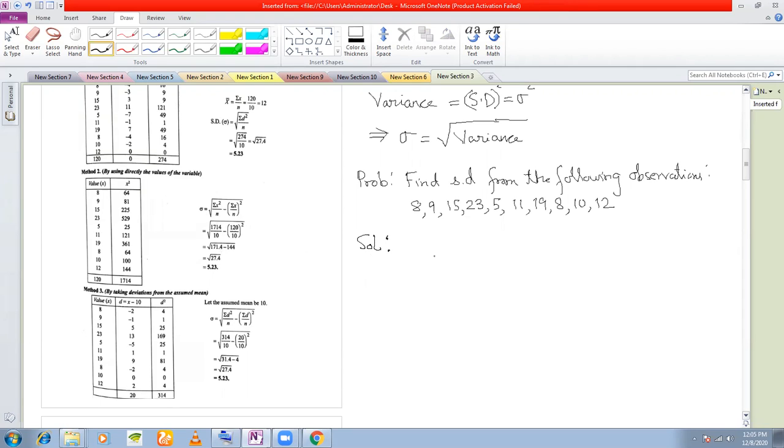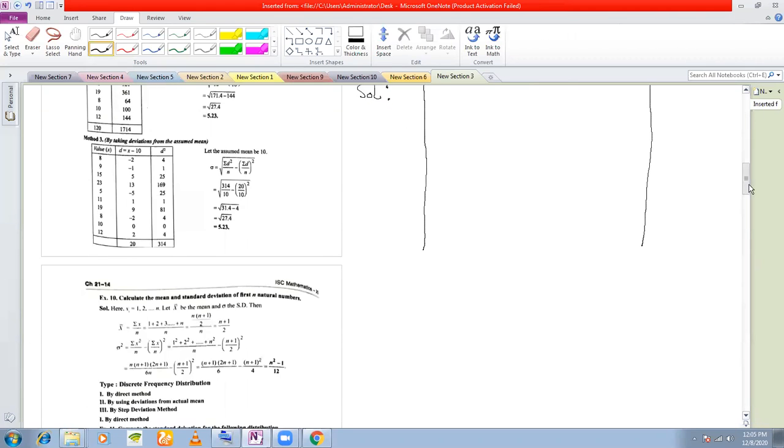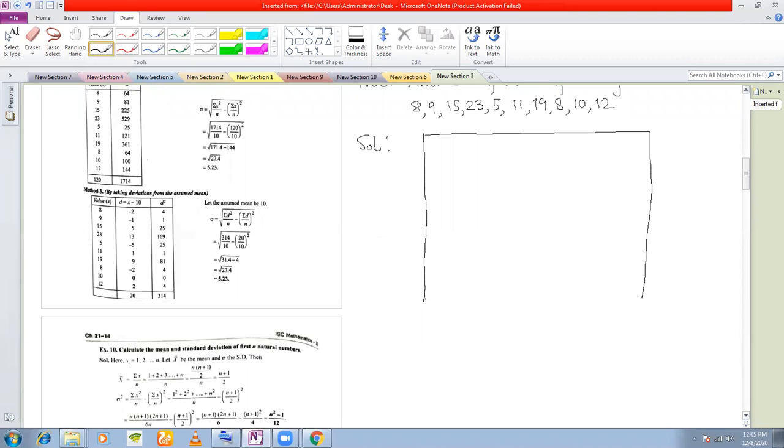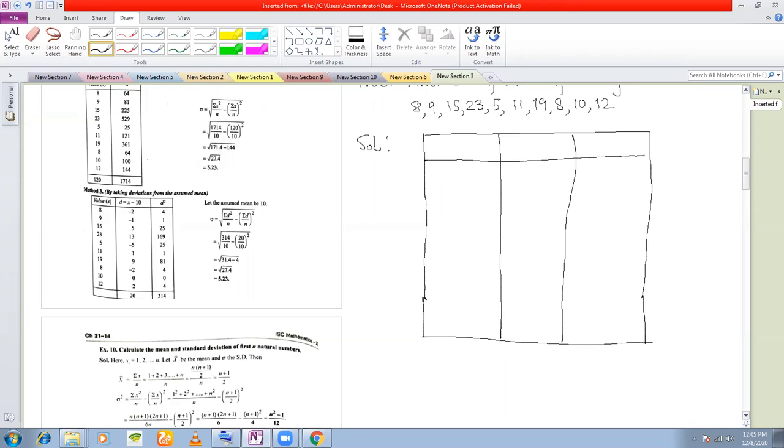Okay, first of all, you're going to make 3 columns. In the first column, you will have X. X is what?